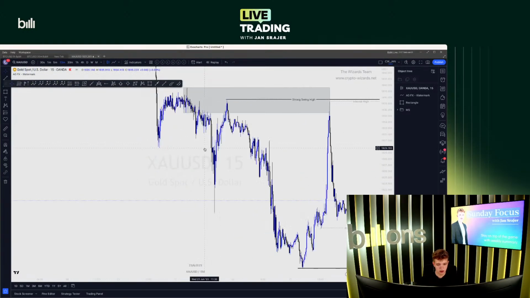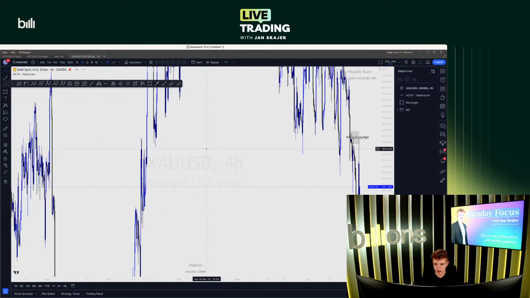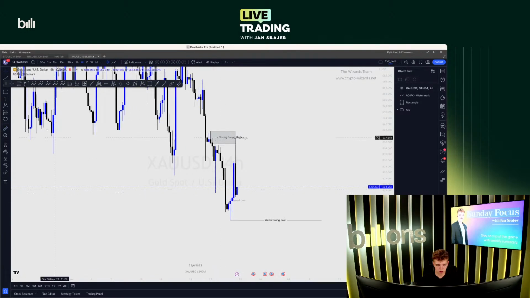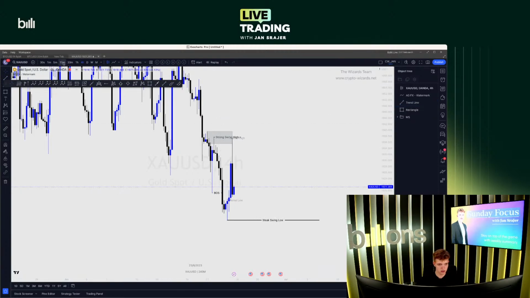That's this one, and if we go here, I'm going back to the 4-hour time frame, and I want to see what level started this move down. Marking out something like this with post break of structure.